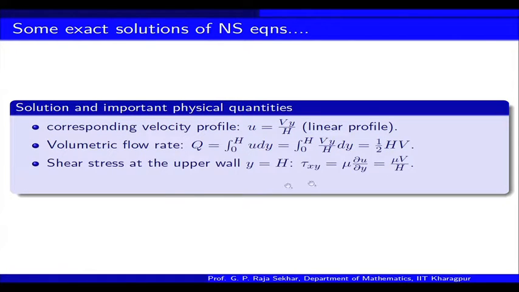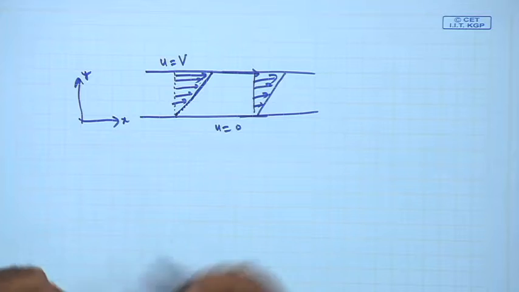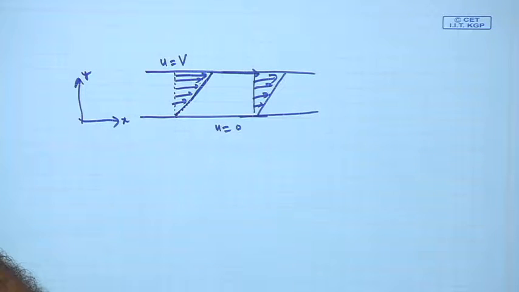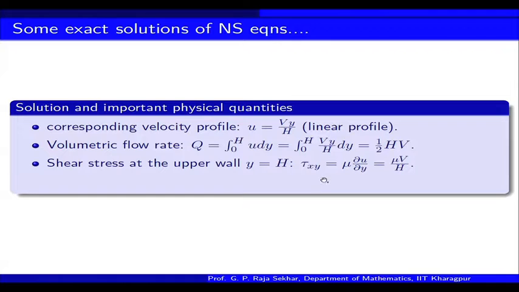Then the shear stress at the upper wall. If you see the expression of shear stress, it is already written here. Tau x y is mu dou u by dou y, that is the shear stress. It is symmetric, tau x y is tau y x.